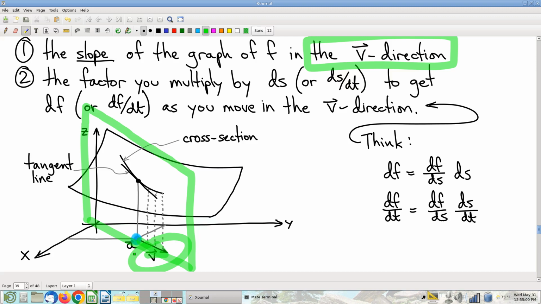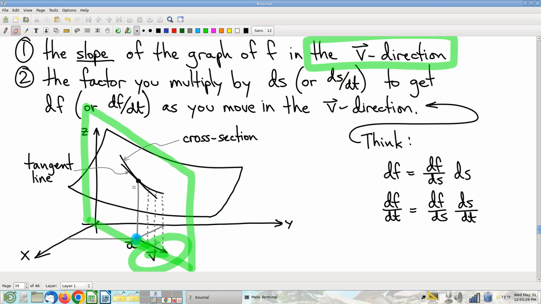Axes and coordinates aren't what we're talking about here. We're indicating the direction by this unit vector. So you just take that vertical cross-section in the direction described by the vector. That cross-section of your original graph is going to be some curve. And, of course, that curve will have a tangent line, and that tangent line will have a slope. So that's all we're talking about.